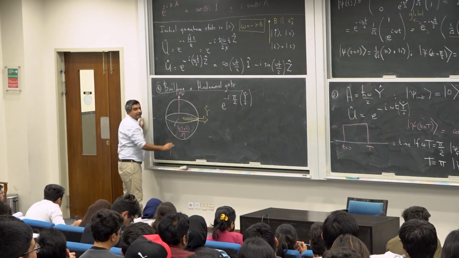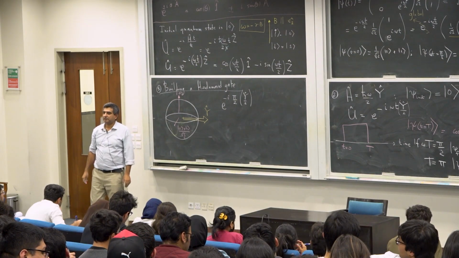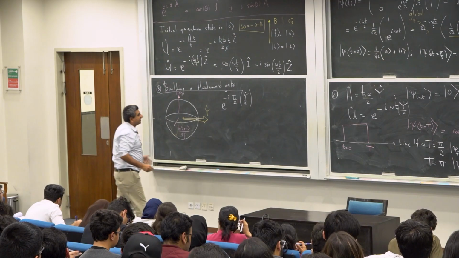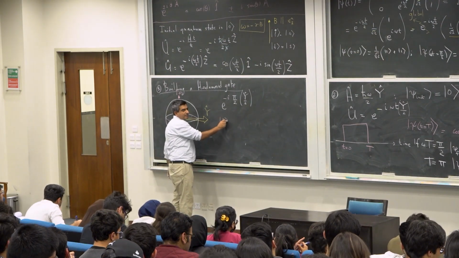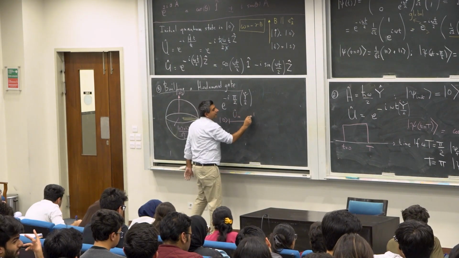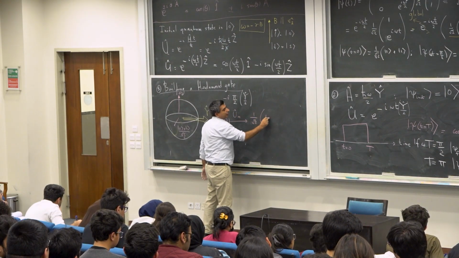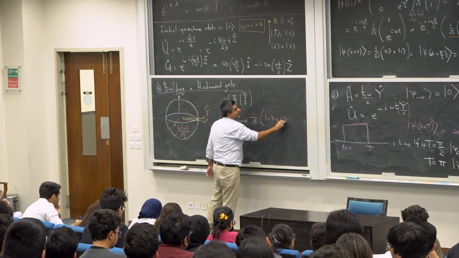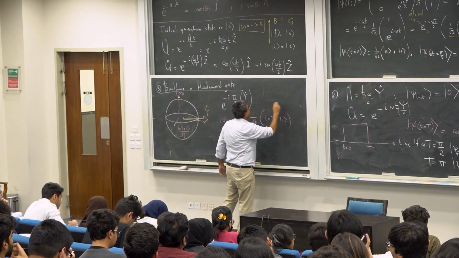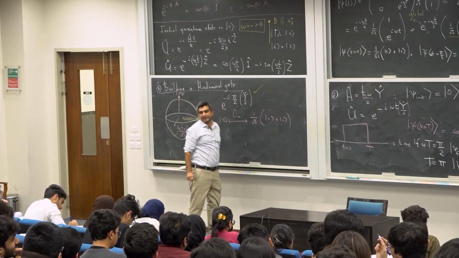And that's what a Hadamard gate really does. What a Hadamard gate does is it takes ket 0 and converts this into 0 plus 1. So this qualifies as a Hadamard gate.